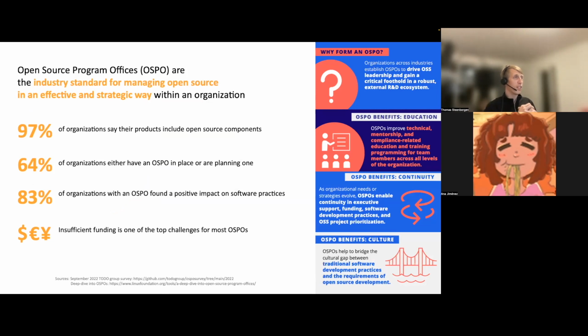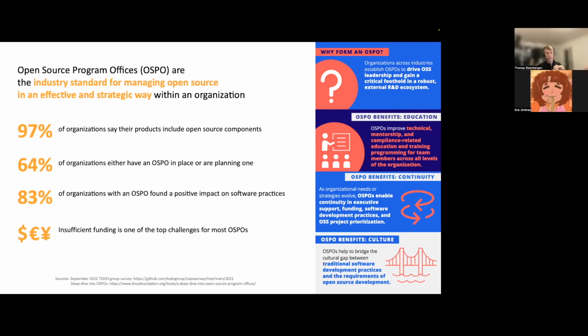As you can see here, 97% of organizations say they include open source components in their products, and 64% say they either already have an OSPO or are planning to build one. And 83% said an OSPO has a really positive impact on their software practices. Yet a lot of OSPOs also reported that insufficient funding was one of their top challenges.